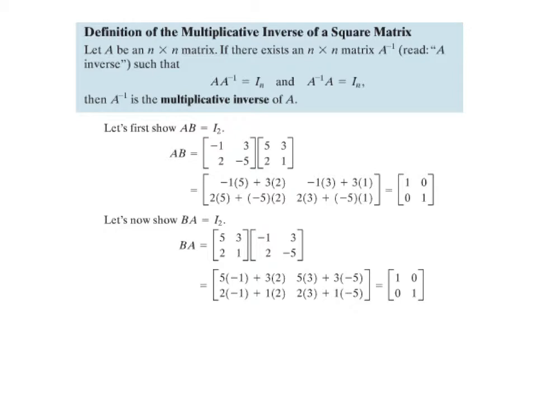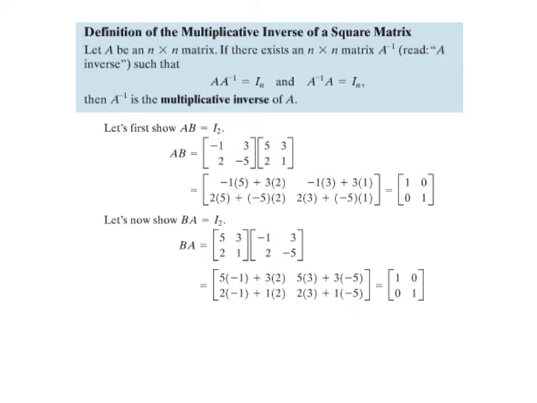So, if A is n by n, if there exists an n by n matrix A inverse, meaning there may not always be an inverse, then A times A inverse equals In and A inverse times A equals In. If both are true, then A inverse is the multiplicative inverse of A.